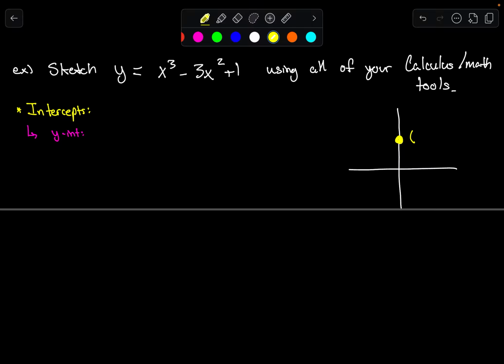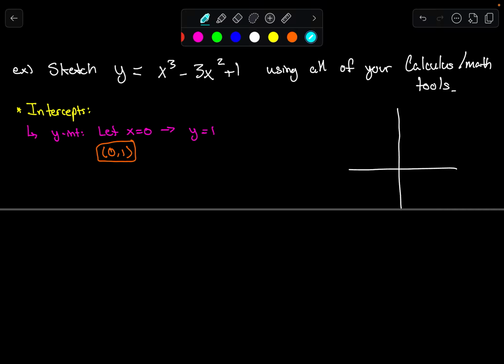We don't know the y value, but we definitely know that the x value is going to be 0. So in order to get the y-intercept, we let x equal 0, and that gives us y equal to 1.